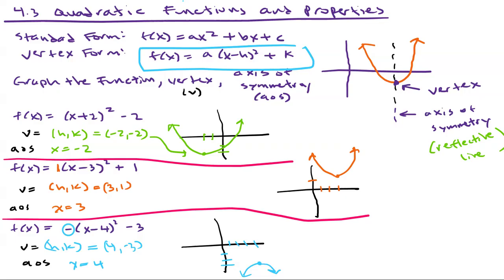So notice here for this first one, we have a plus 2. Well, in order to get a plus 2, when we look at the vertex, we have a negative 2. So when I plug in negative 2 in here, I get a minus negative 2. So when I plug this back into the vertex form, it spits out a positive 2.